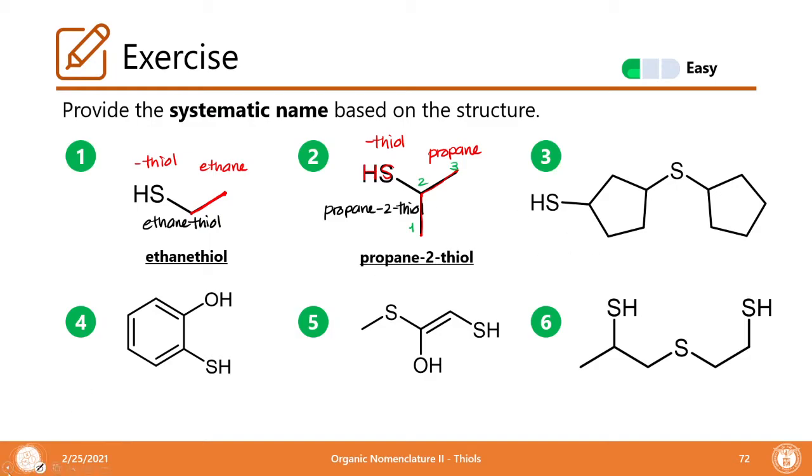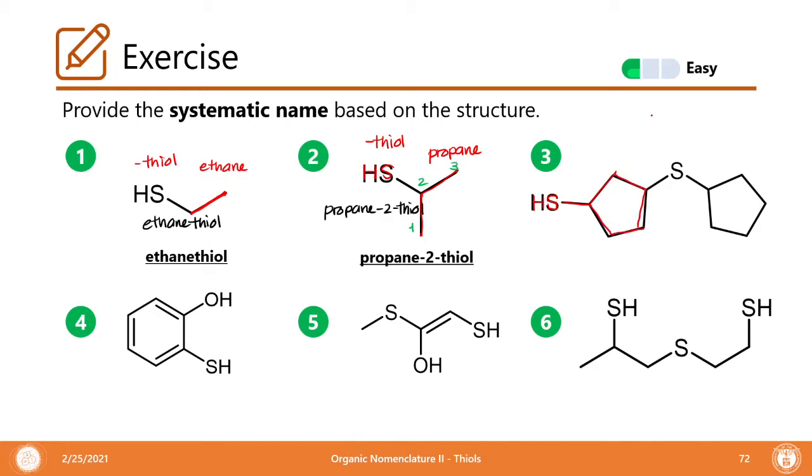Number 3. Okay, this is similar to the alcohols, in which it looks like we have 2 thiols, but actually we only have 1, and the other one is a sulfide. Okay, so here our thiol is this, and it has a higher priority than the sulfide, so we must name this entire compound.